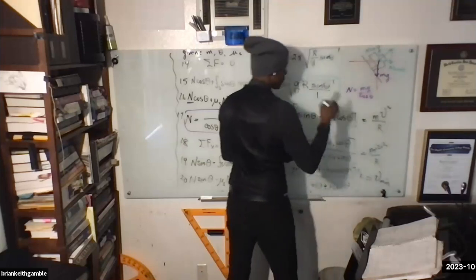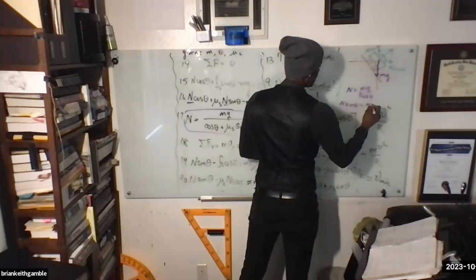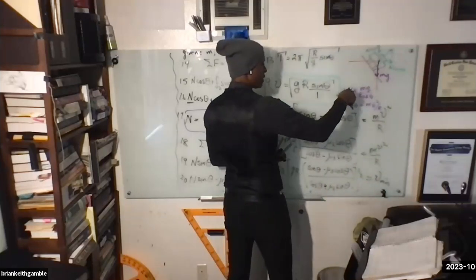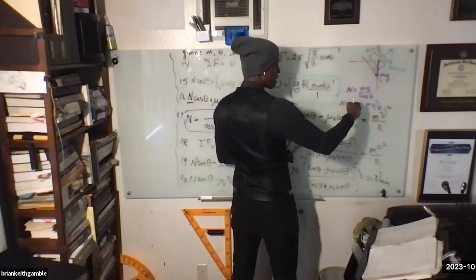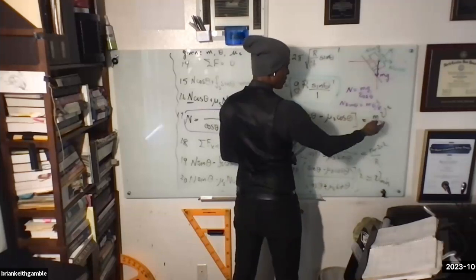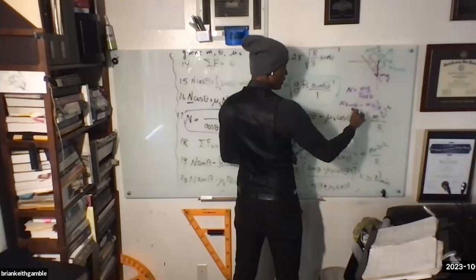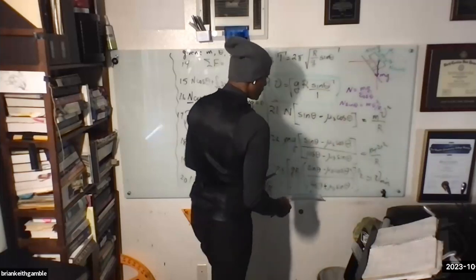And then in the other direction, we had basically n sine of theta is equal to mv squared over r. So when I substitute the n into here, it becomes mg sine over cosine, which is tangent. And then when you solve, the m's go out, you multiply through by r, and you have v squared is equal to g tangent theta. So v is equal to the square root of g tangent theta.